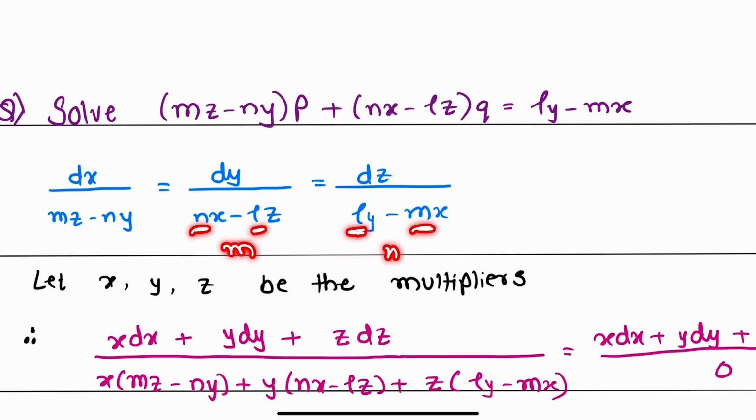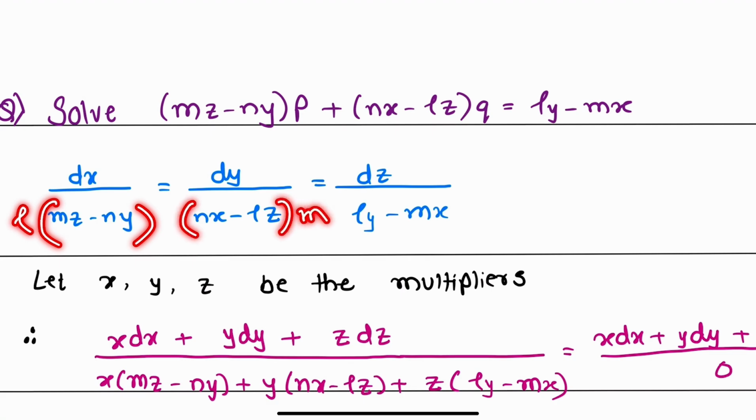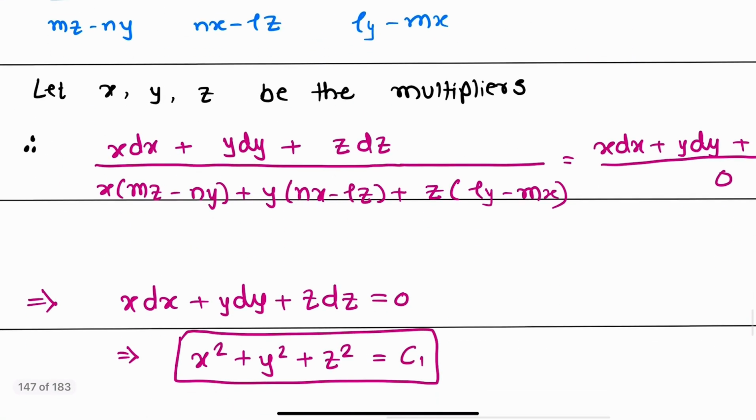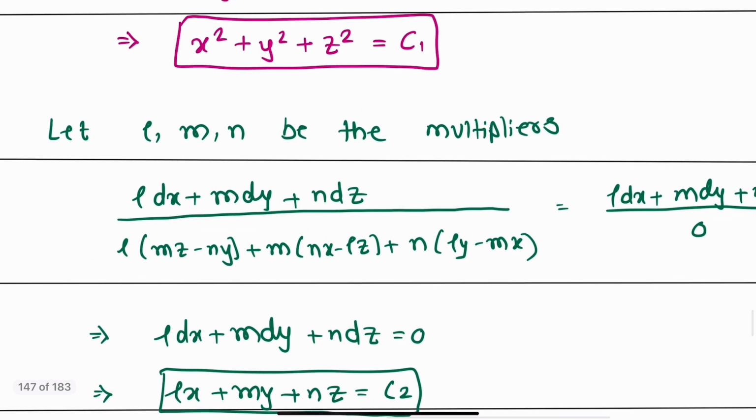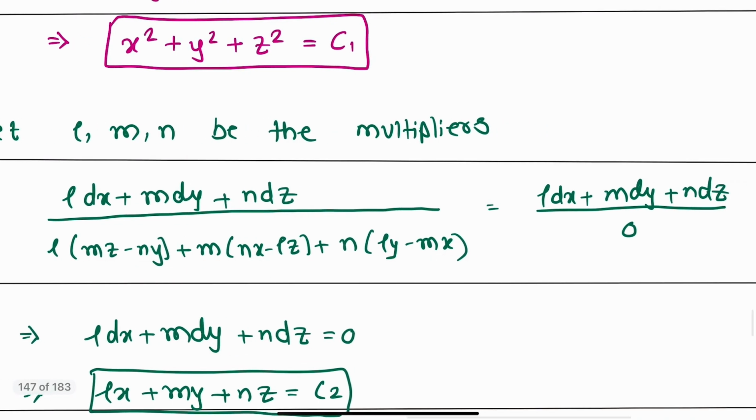L and m, we don't have n here. So what if I take multipliers as l, m, and n? Taking l, m, n as multipliers, again if you multiply these three, the denominator will be 0, and we are left with l dx plus m dy plus n dz equals 0.